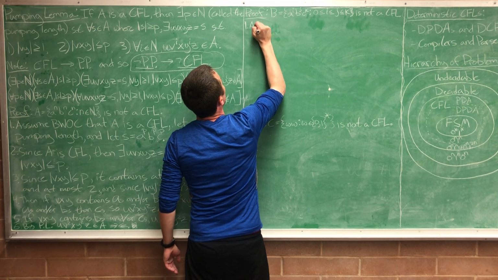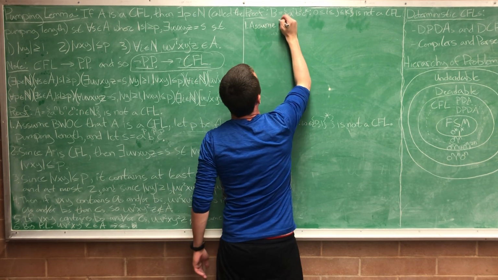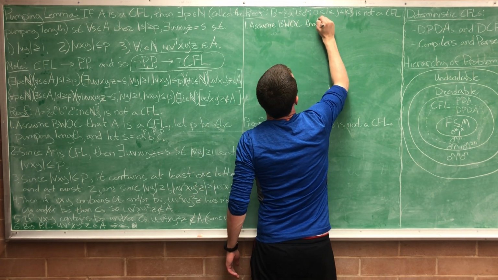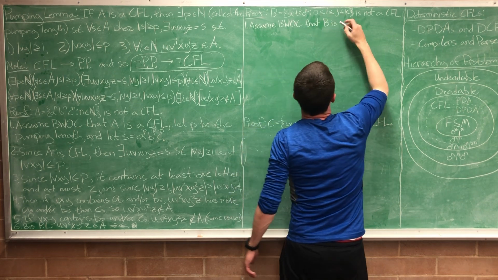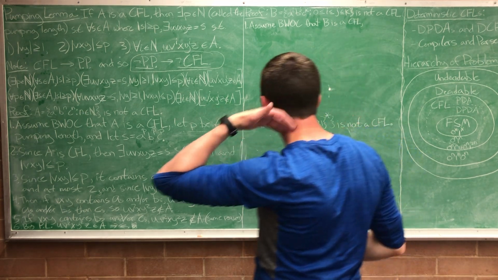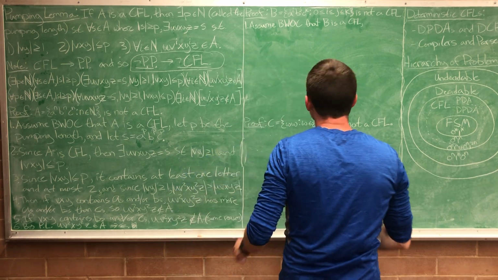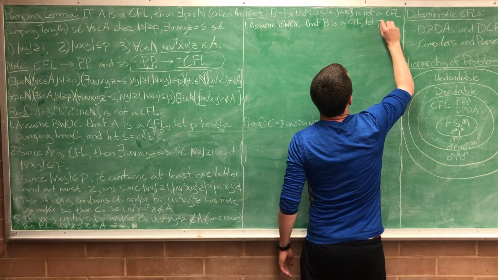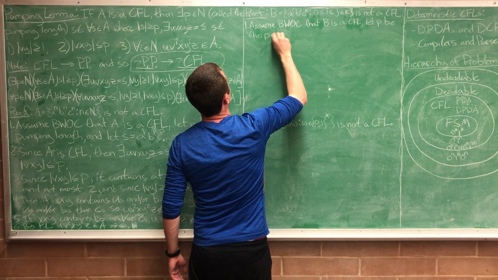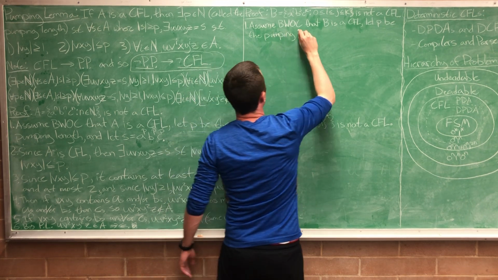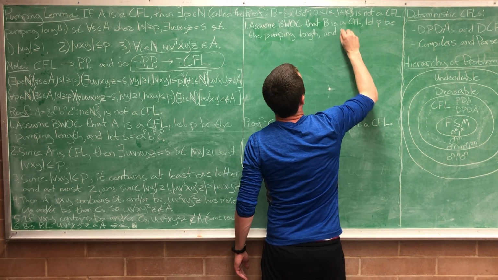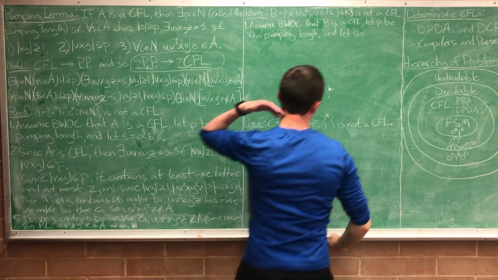So, assume by way of contradiction that B is a context-free language, let P be the pumping length, and let S equal... maybe we should have gone over our language first.